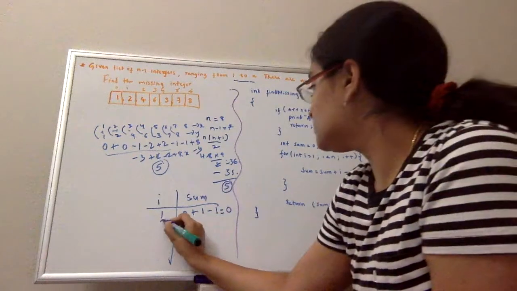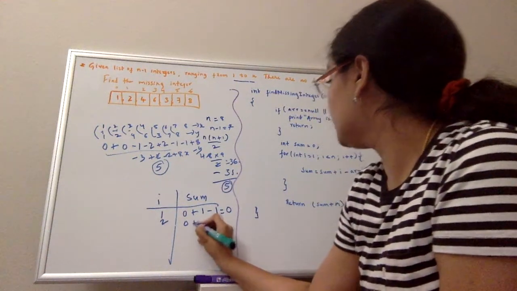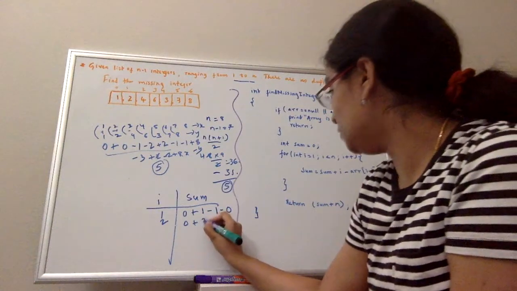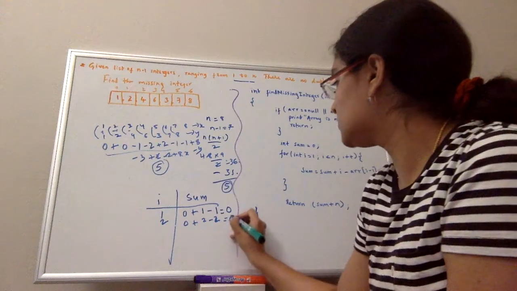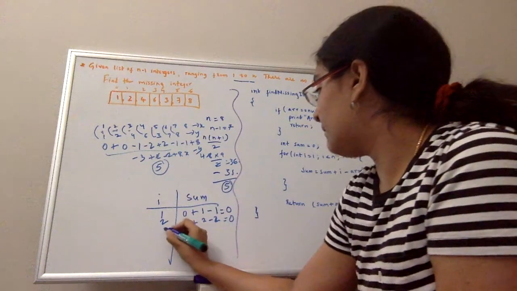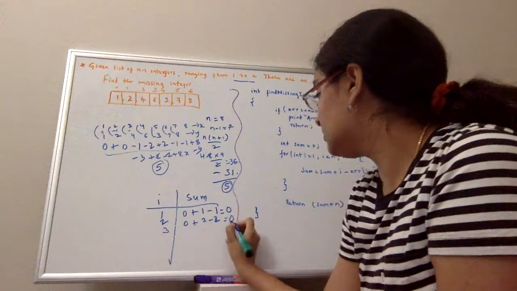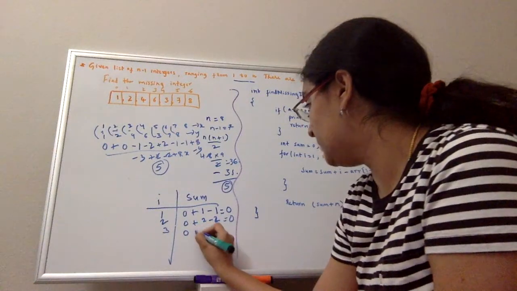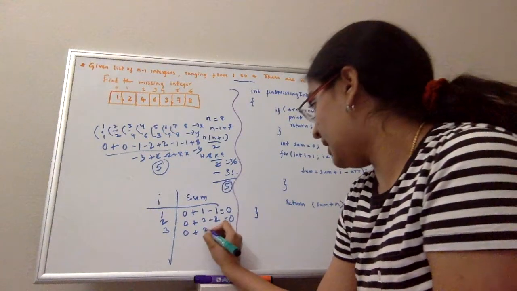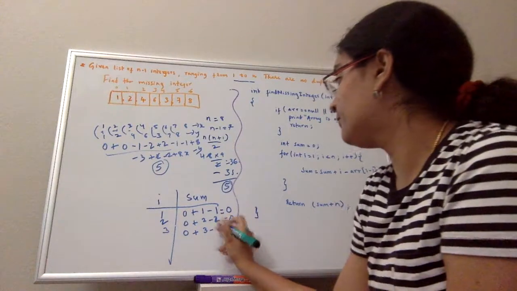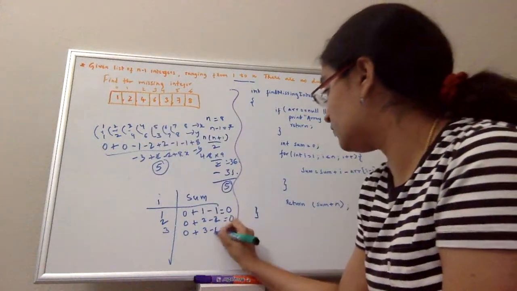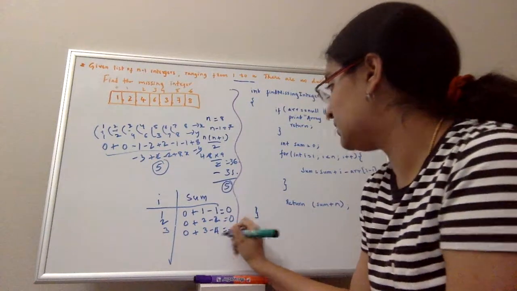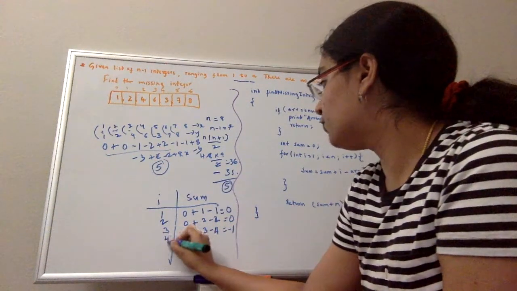Next, when i is 2, it is sum plus 2 minus 2. This is also 0 here. Now i is 3. The sum is 0 plus 3 minus array of 3 minus 1, which is array of 2, that is 4. Now my sum is minus 1. i is incremented to 4.